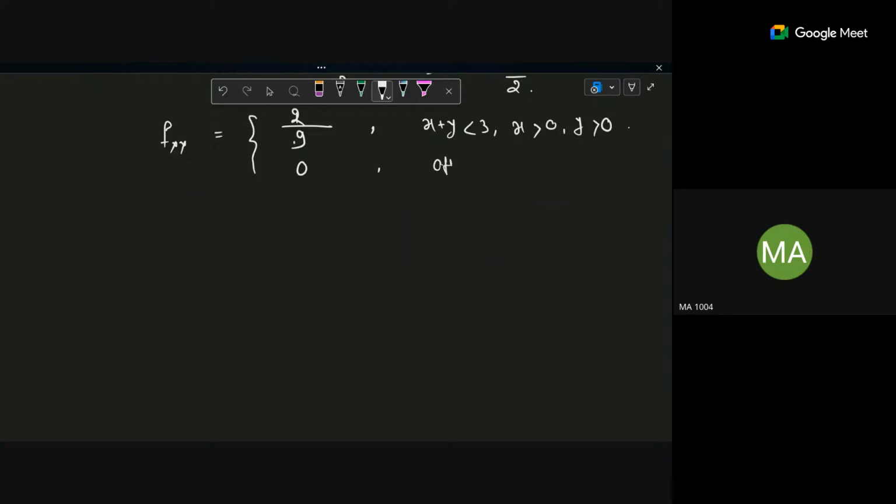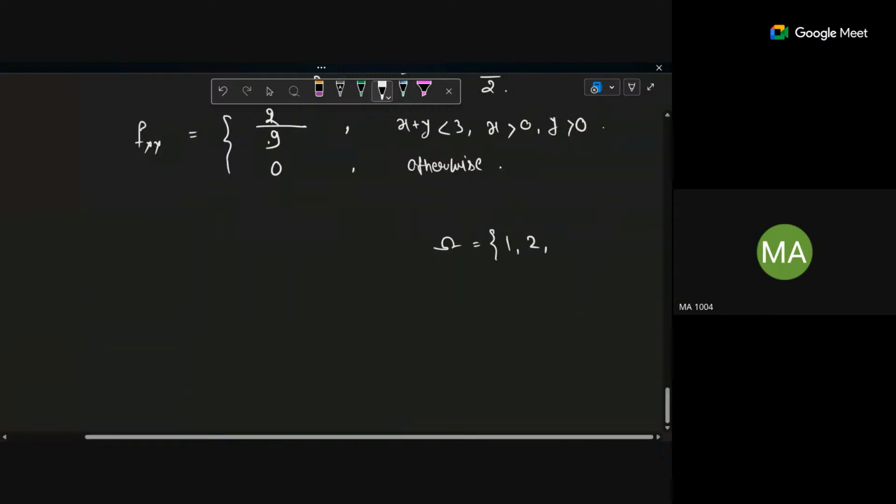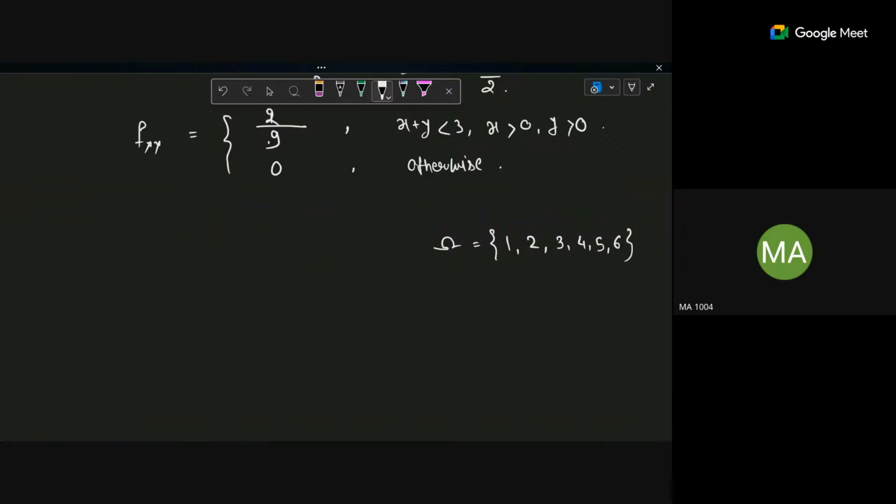That is nothing but there is a set omega that can take any value: 1, 2, 3, 4, 5, and 6. You can take any value, right? So now if I ask you what is the probability, you can take any value uniformly.